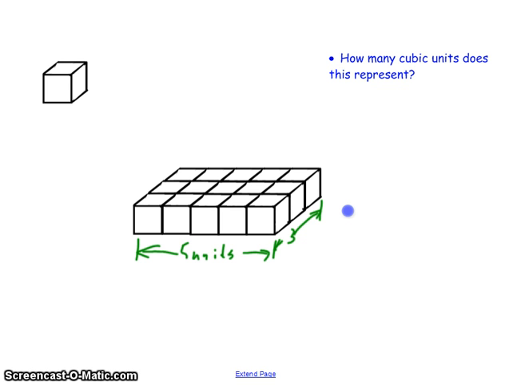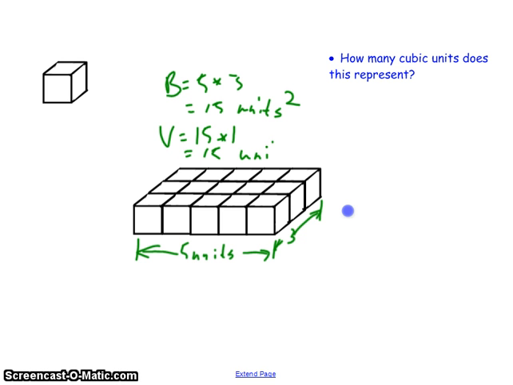The area of the base, 5 times 3, 15 square units. Okay, it has a height of 1, so then the volume, 15 times 1, gives us 15 cubic units. The difference between square units and cubic units.